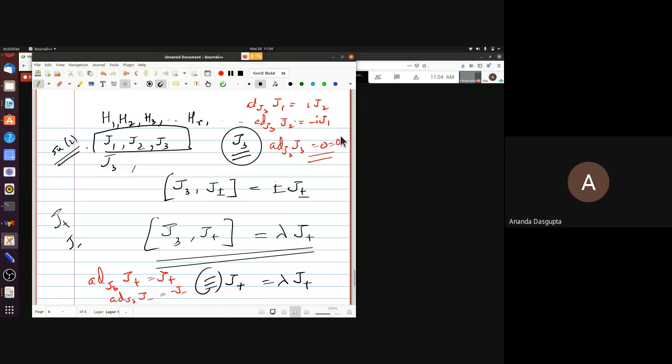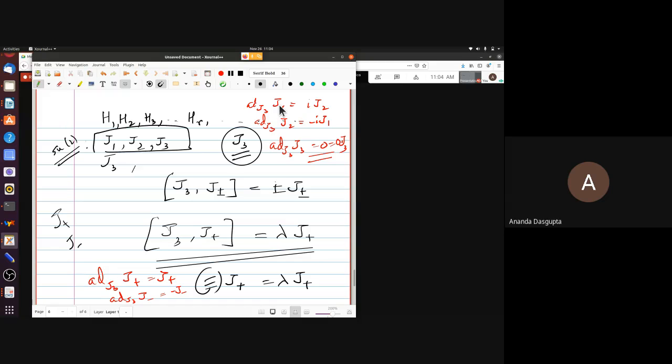But J1 and J2 are not eigenvectors of ad J3. As you can see, acting on J1 by ad J3 actually doesn't give you J1, it gives you iJ2. But now comes the question: J1, J2, the space spanned by J1, J2, is closed under ad J3, right? You get only combinations of J1, J2 again, which means you should be able to find eigenvectors of ad J3 in that space. So instead of looking at this as some funny way of suddenly finding a ladder operator, why don't you just think of this as an eigenvalue equation?